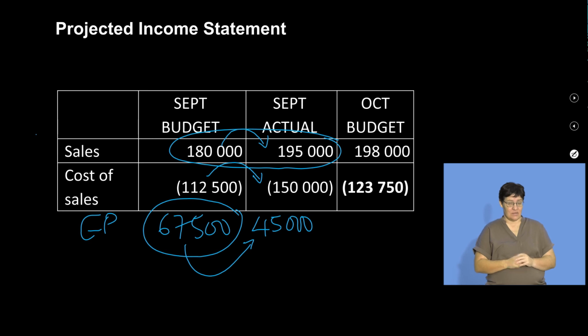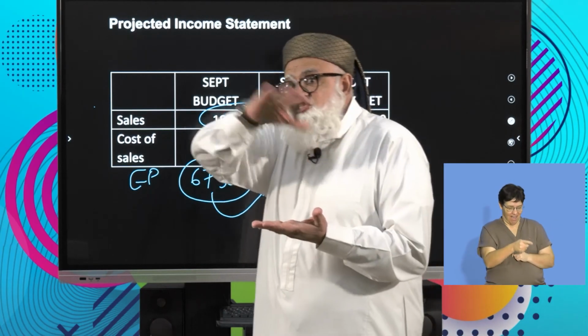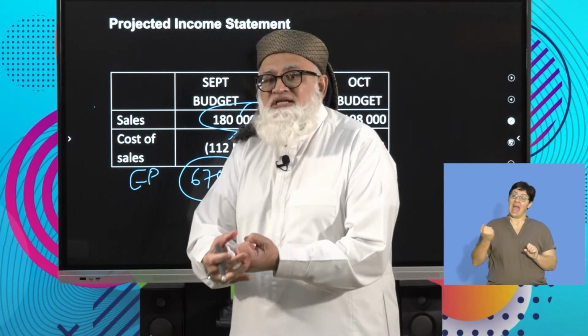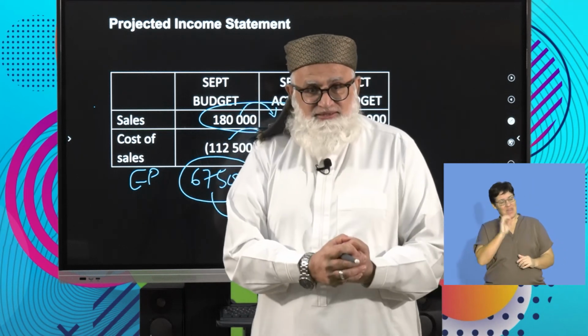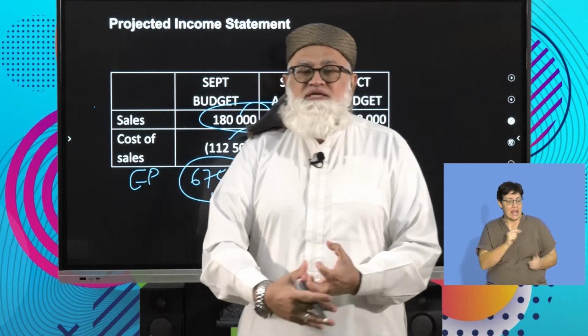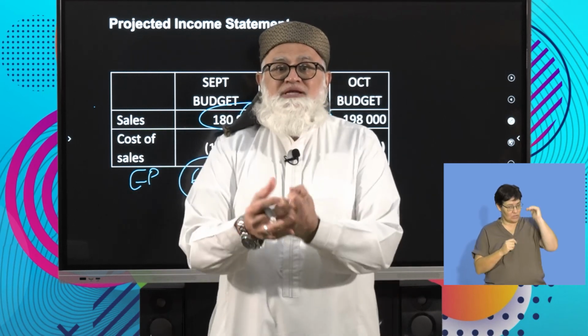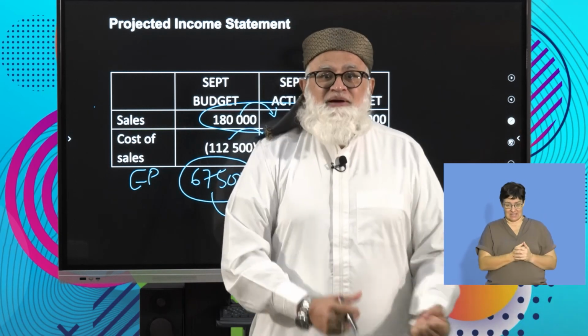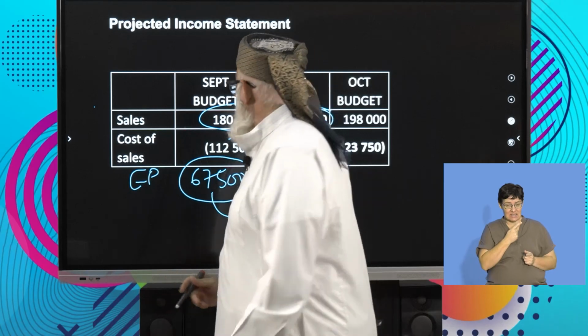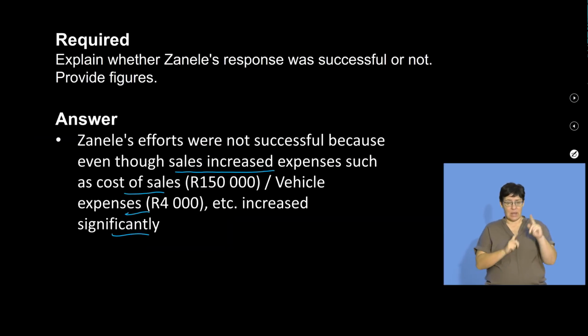However, that change did not give us the desired effect. Why? The idea to increase your sales is to increase your profits. But as a result of all of this, notice what happens.